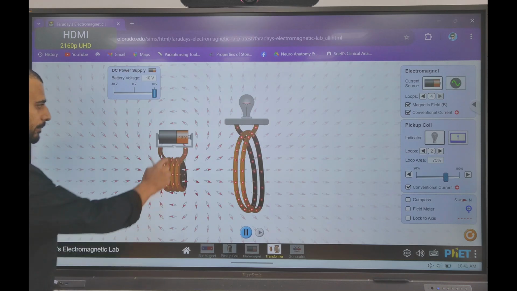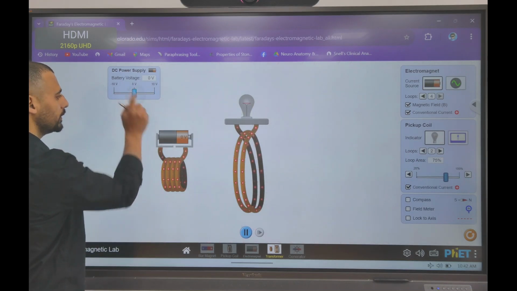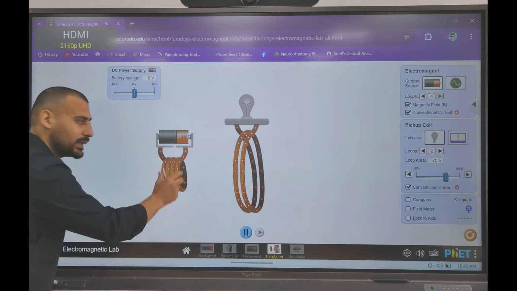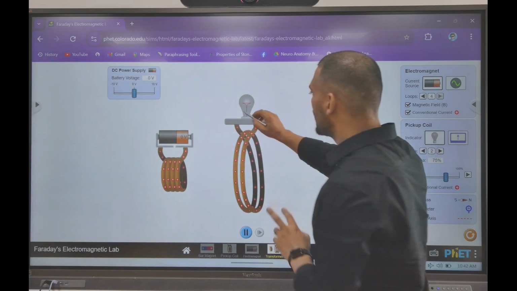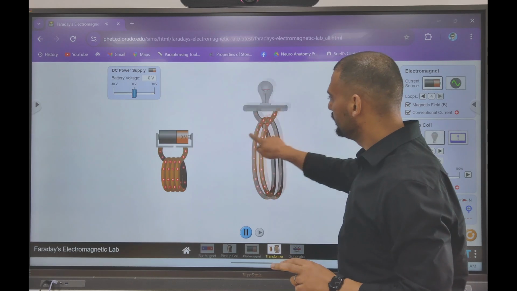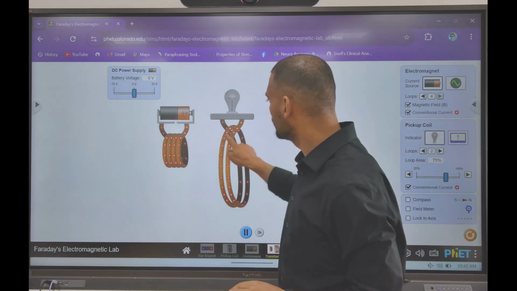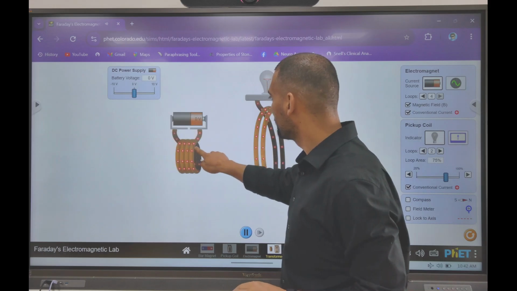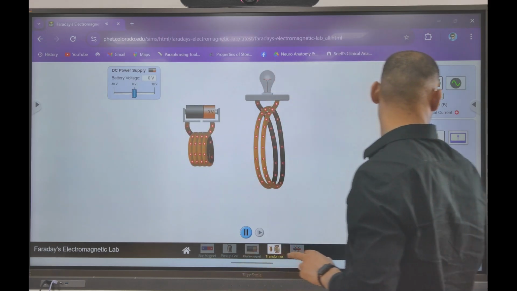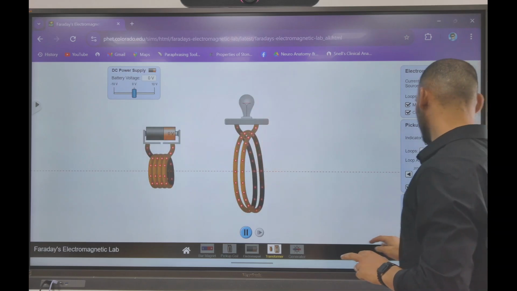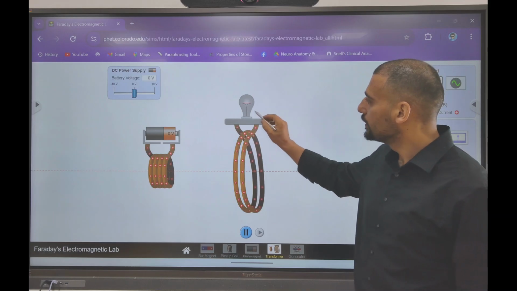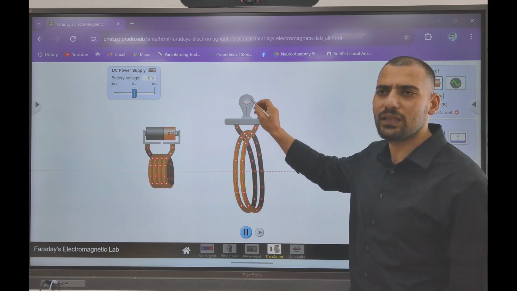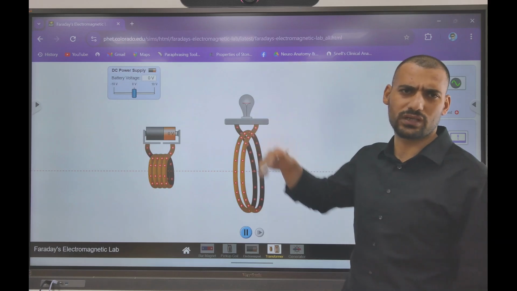This adapter is not connected with anything initially, so there is no magnetic field. Instead of the bulb, understand that it might be your mobile phone connected.